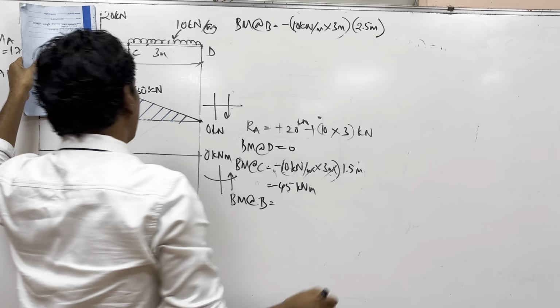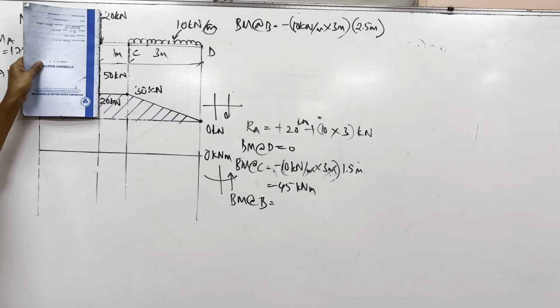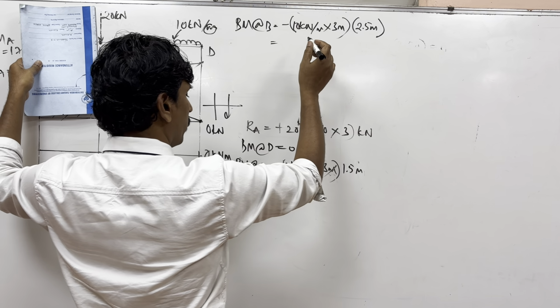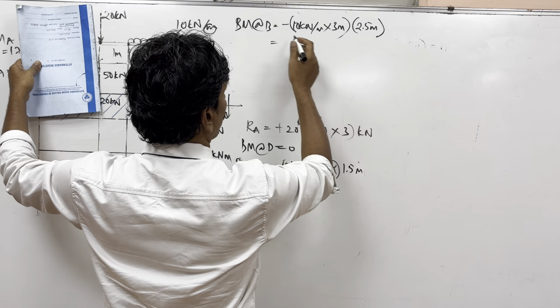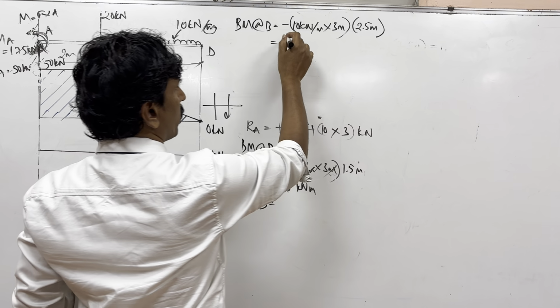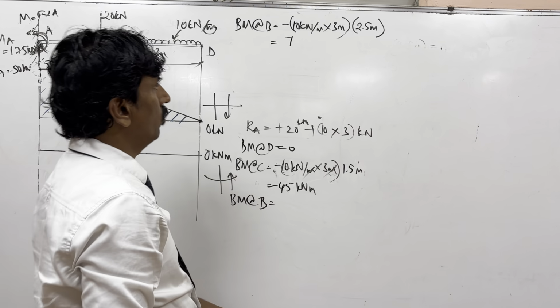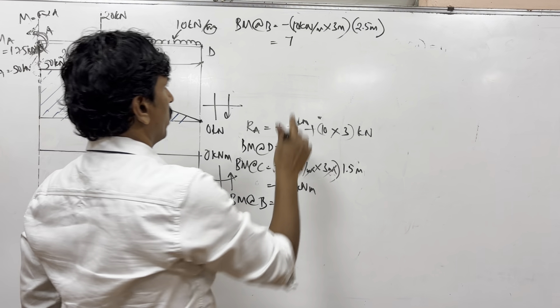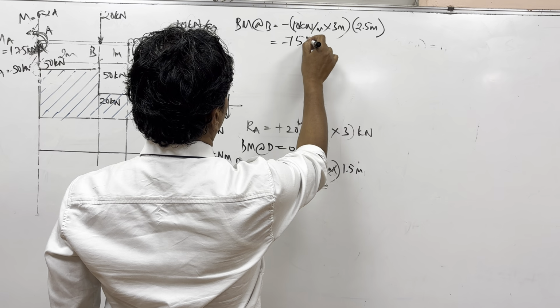So 2.5, and then is there anything else? No, there's only one. Okay, so what is the answer now? 30 into 2.5, 60, 75. So minus 75 kilonewton meter.